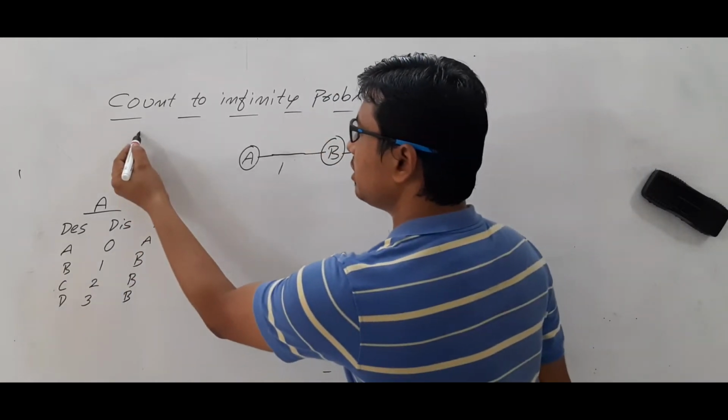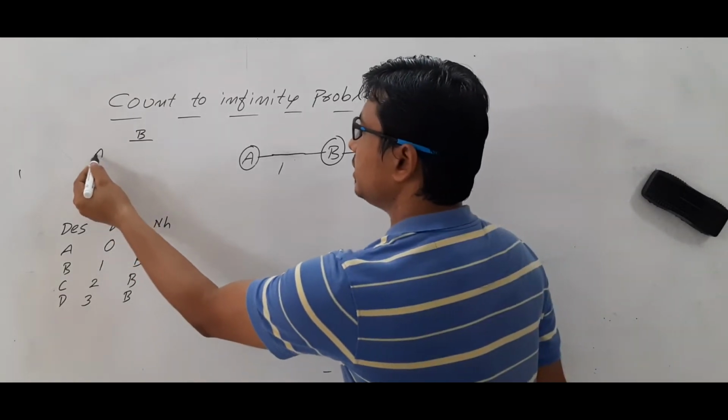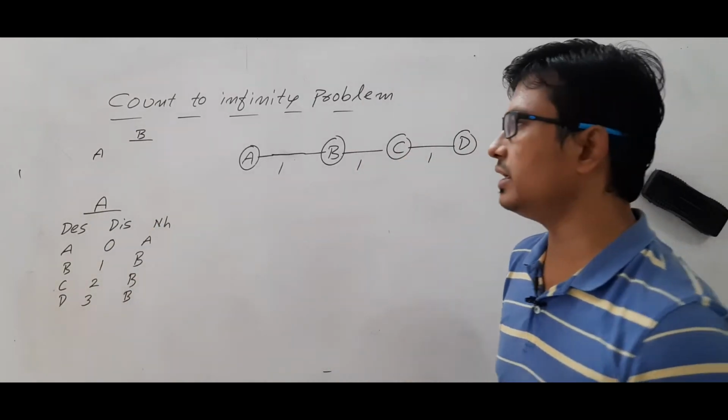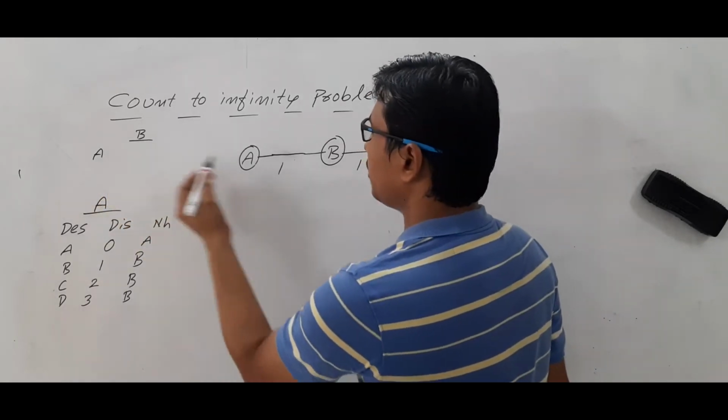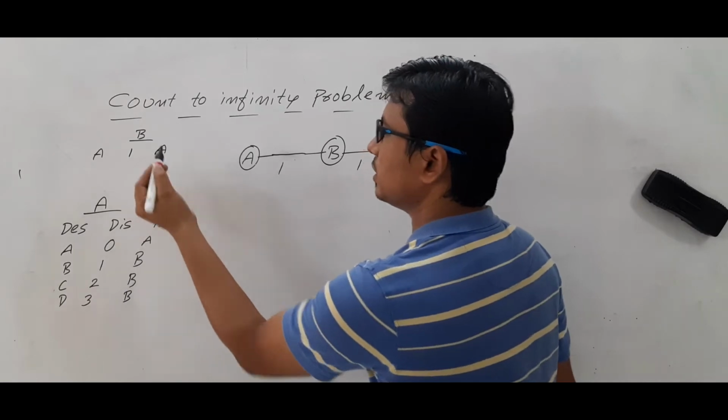Similarly, B will find its routing table consisting of A, B, C and D. And A will have the value as 1 and next hop is A only.